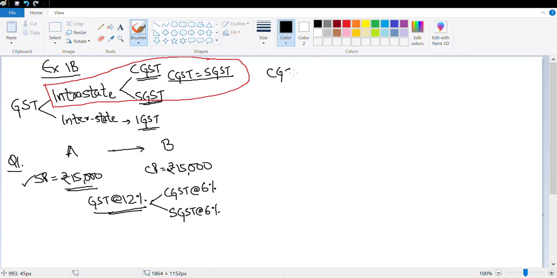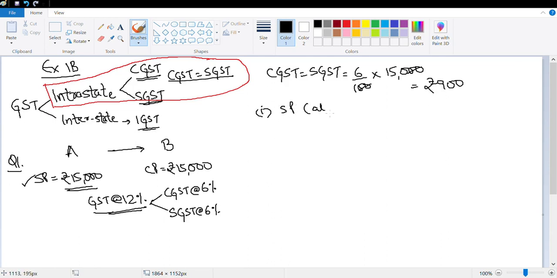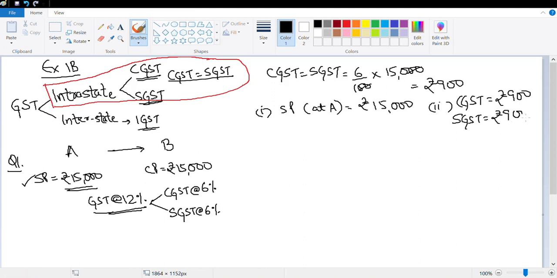So CGST is equal to SGST is equal to 6% of the selling price, which is 15,000, 150 into 6, that's rupees 900. So this was part 1: SP at A is rupees 15,000. Part 2: CGST is equal to rupees 900 and SGST is equal to rupees 900.